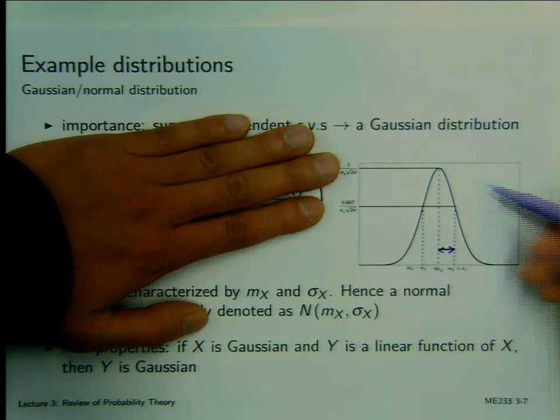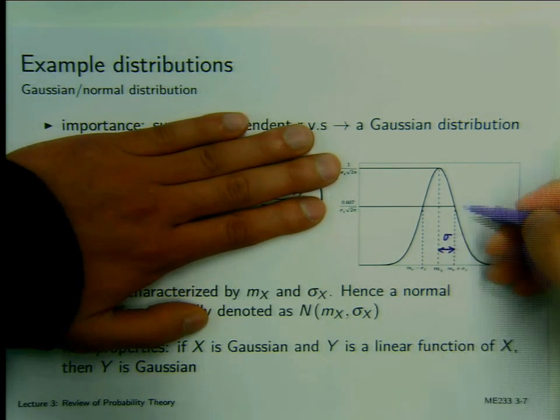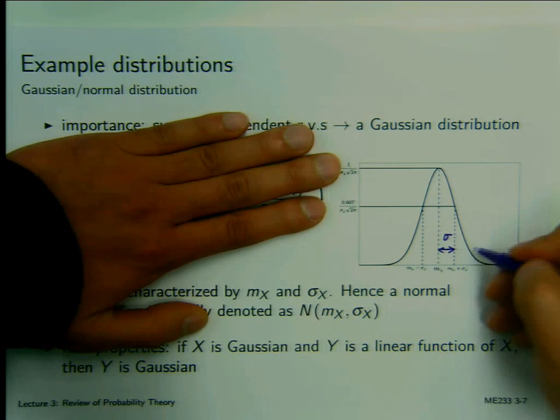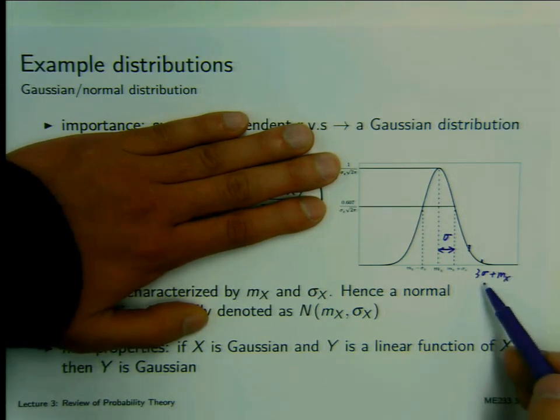Okay? So sometimes this is 1 sigma value. This is 1 standard deviation value. So in a lot of engineering applications, we would say 1 sigma, 2 sigma, 3 sigma. Sometimes in a lot of engineering practices, this 3 sigma value defines a lot of things.